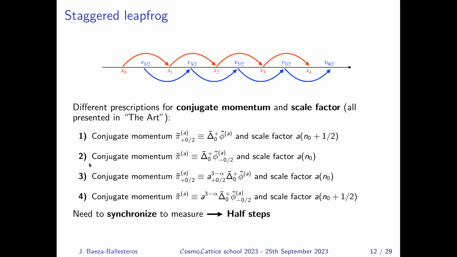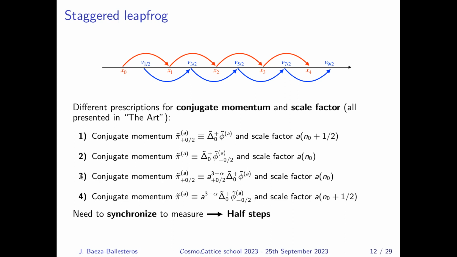The second option would be to do the same, but shifting what's defined at integer times with what is defined at semi-integer times. So in this second option, the scale factor and also the conjugate momentum would be defined at integer times, and we would define the scalar field to live at semi-integer times. This is a bit more complicated to see from the equation we saw before, but it's still a possibility you can use.